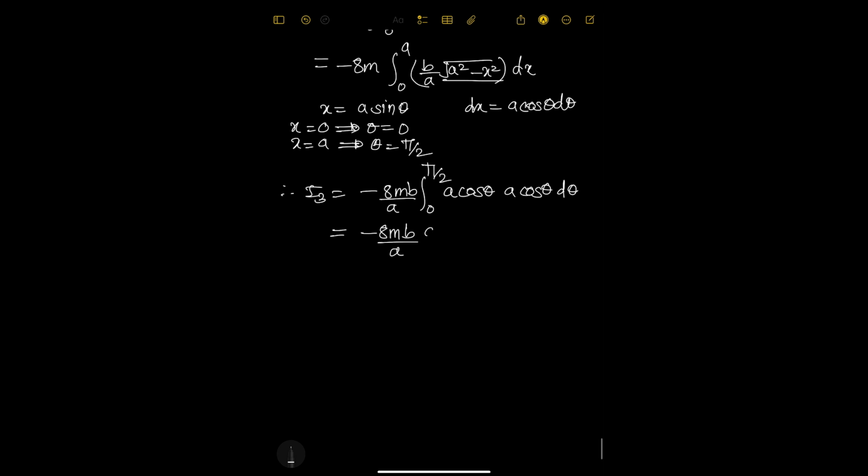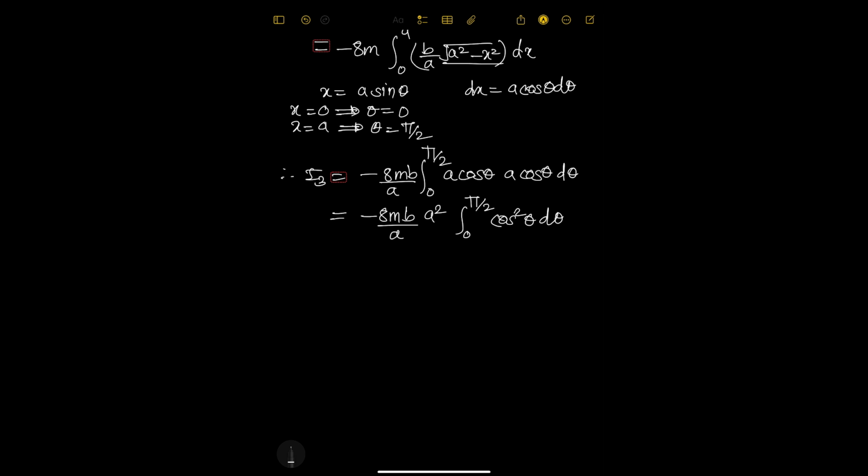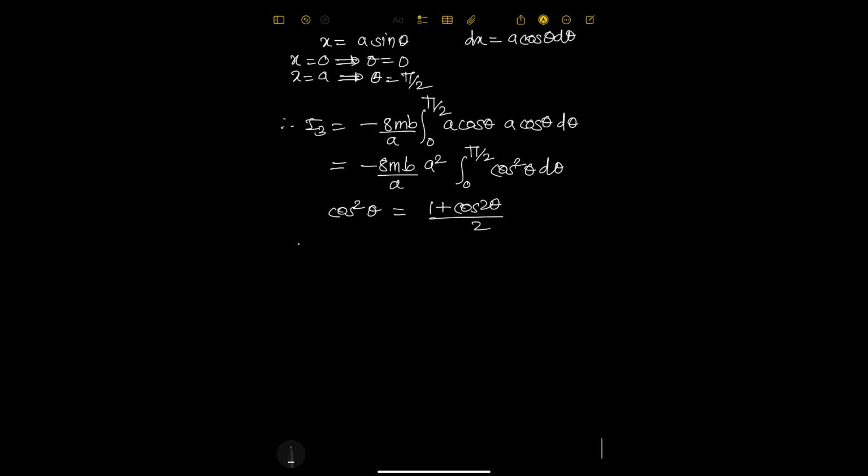Again, m b squared times the integration from 0 to pi by 2 of cos squared theta d theta. Cos squared theta is equal to (1 plus cos 2 theta) divided by 2.